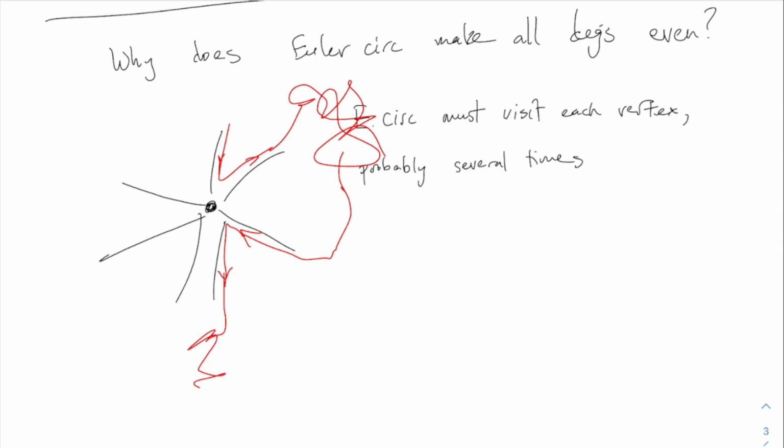My claim is that if this is really going to work out, the degree here actually has to be even. Anybody have a feeling like that? Actually, it can't work in this picture that I drew here because there's an odd number. I think there's 1, 2, 3, 4, 5, 6, 7. Yeah, there's an odd number here, so this is not going to work.